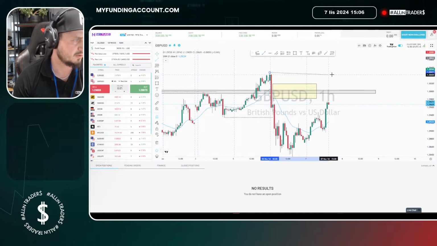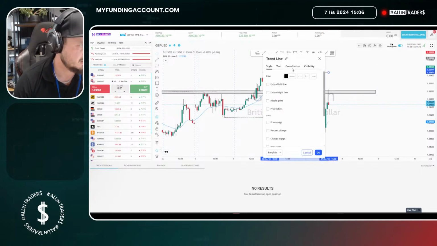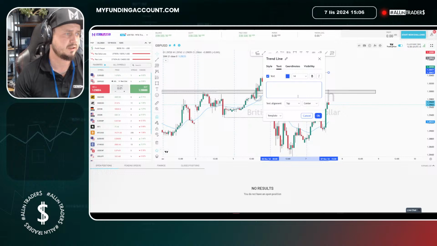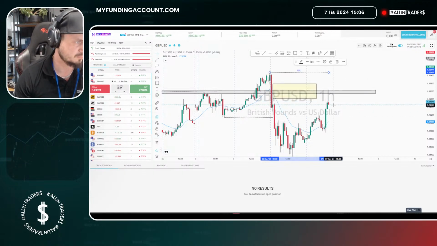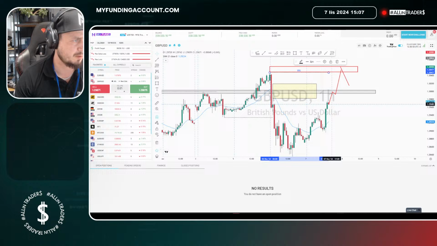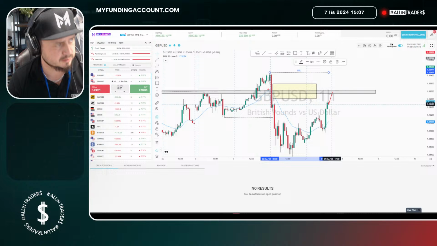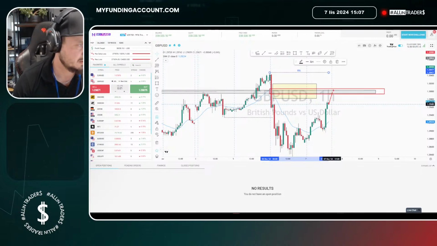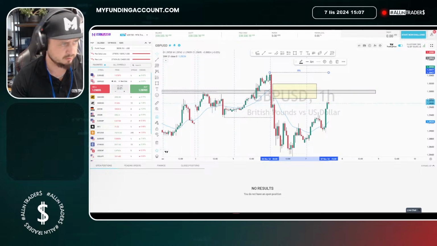Liquidity is up here, but I'm only gonna look for this liquidity if the price gets through my point of interest. So this is buy side liquidity. If we're gonna pass this area, I'm gonna look for a trade from here somewhere after grabbing some liquidity. But the first stop should be somewhere here. If there's gonna be a reaction, there is a chance to open the trade to go down.